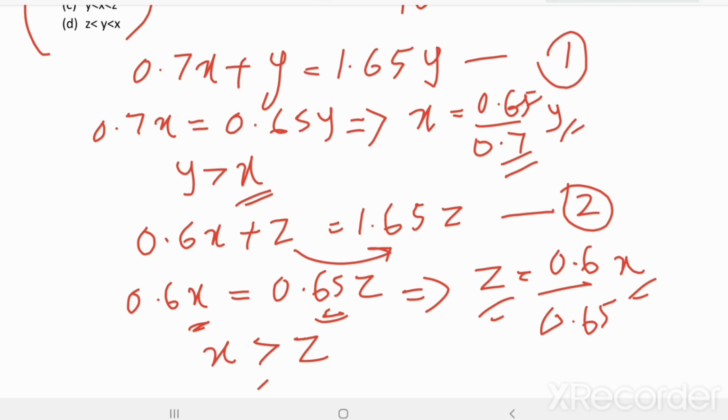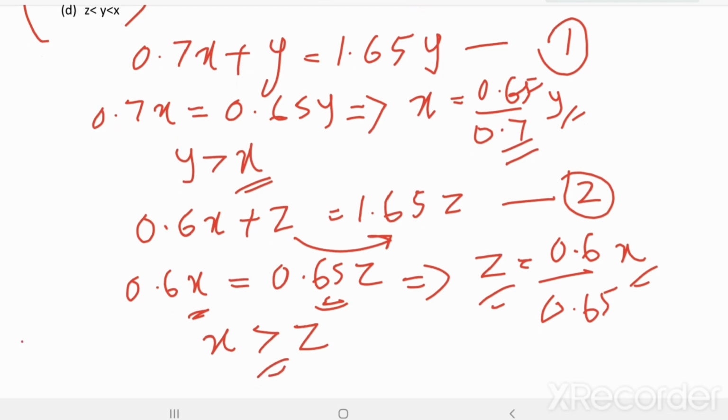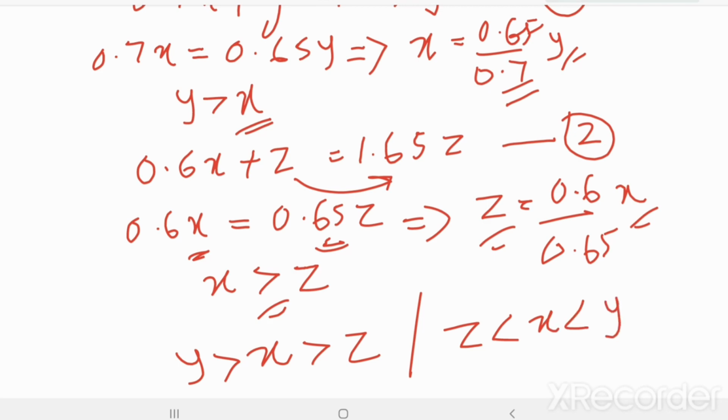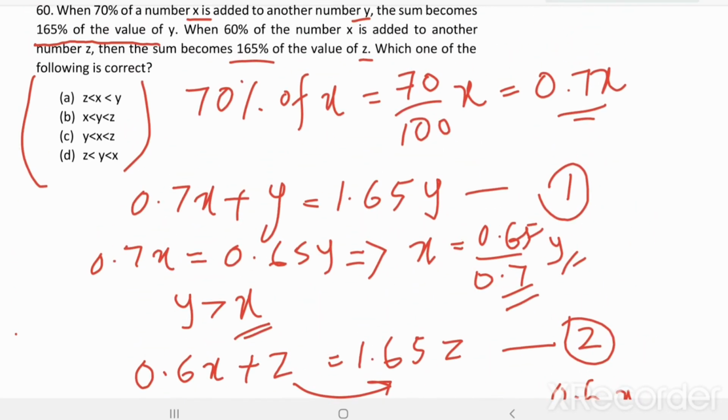That means x is greater than z. So combining these two, we get x is greater than z and y is greater than x. So y greater than x greater than z, or z less than x less than y. Z less than x less than y. Option A is the right answer.